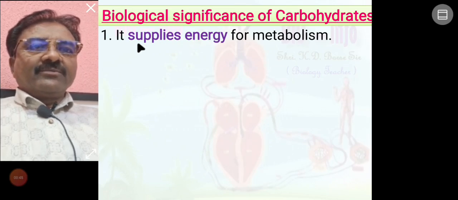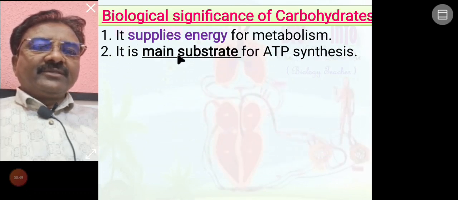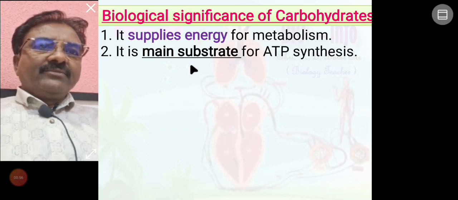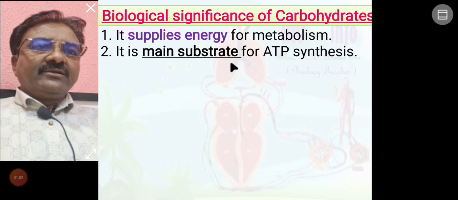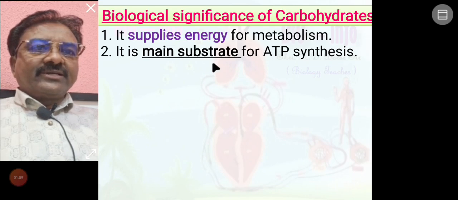So carbohydrates supply energy for metabolism. Carbohydrate is the main substrate for ATP synthesis because a single glucose molecule produces 38 ATP molecules by the process of aerobic respiration.